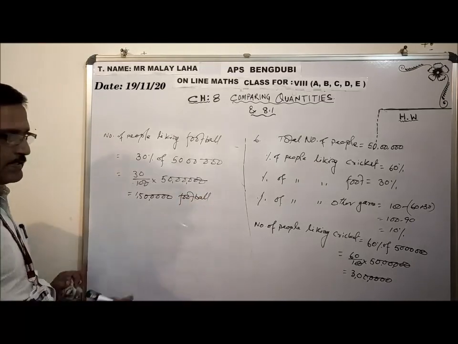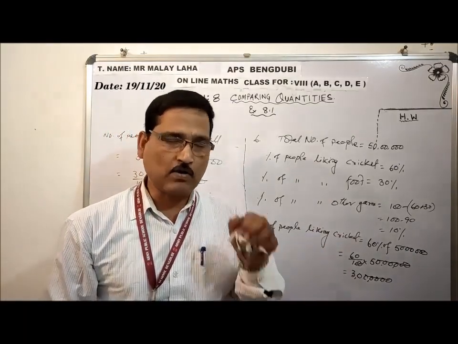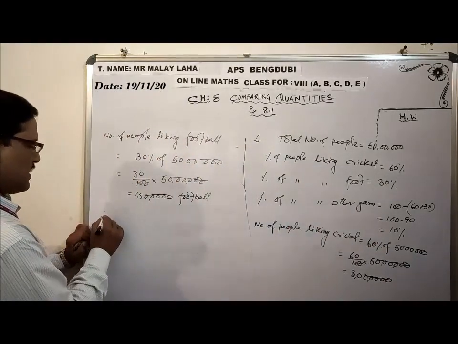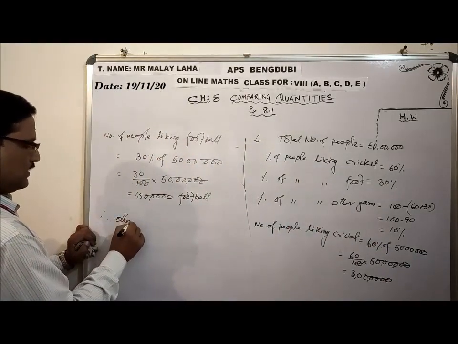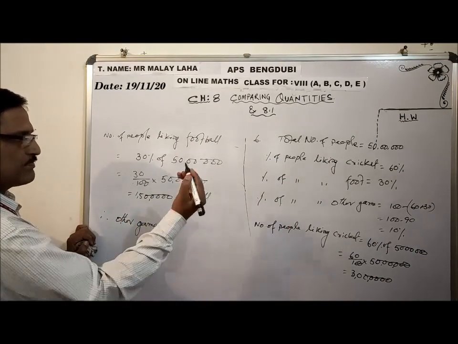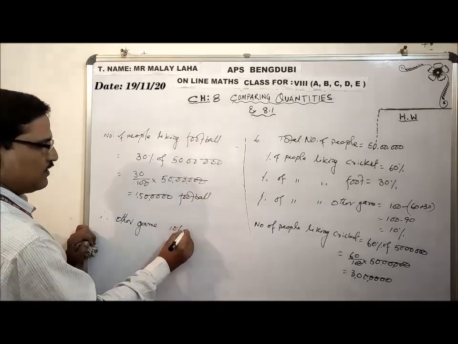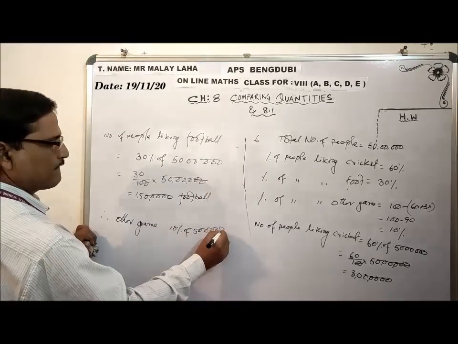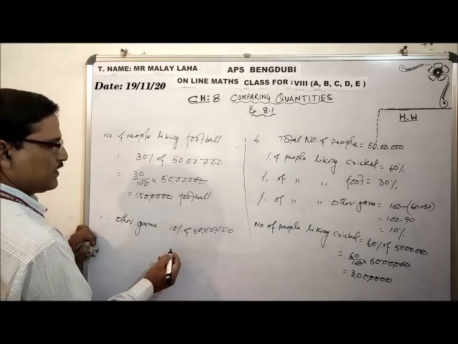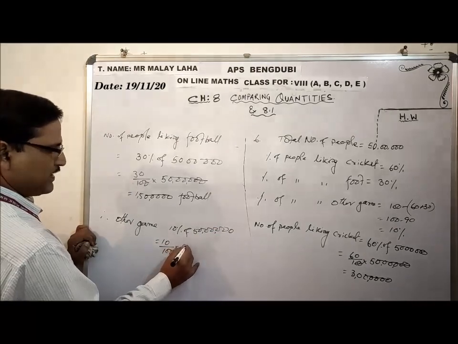Now for other games you can find it in two ways. You add the two and subtract from 50 lakh, that is possible, or you find the value of the percent: other games are 10% of 50 lakh. So 10 upon 100 into 50 lakh.